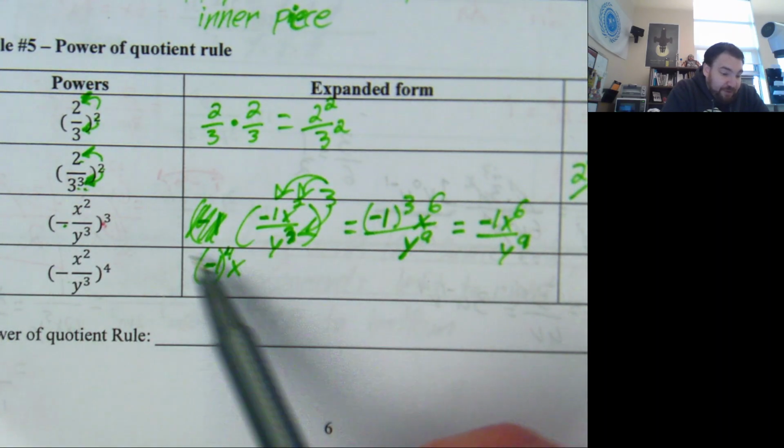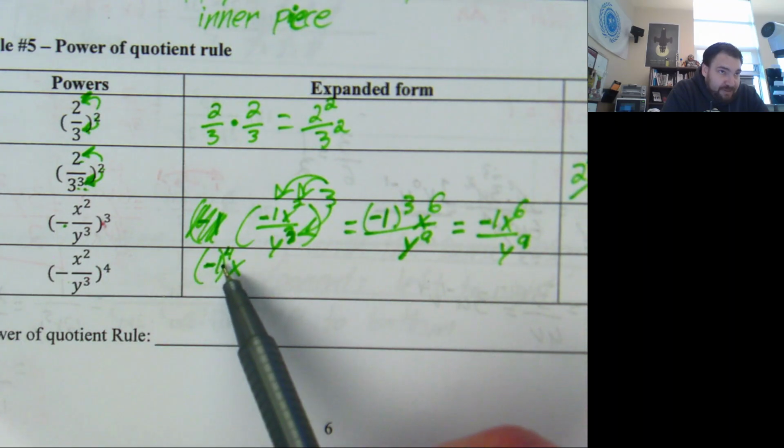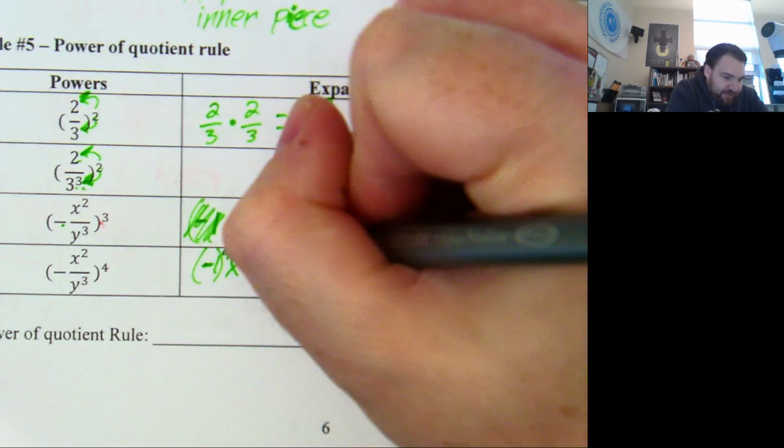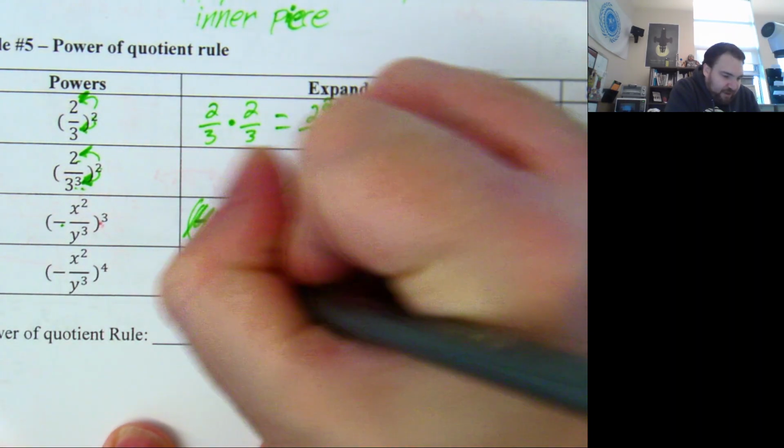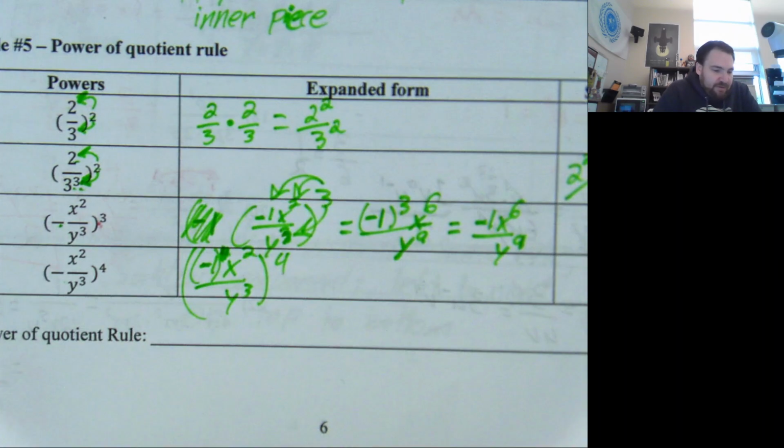Okay, you wanted me to put the 4 on the -1? Is that what you said? Yeah. Okay. So I've got the -1, I've got an x squared over y cubed, and that whole thing is to the power of 4. Good, that is the correct first step. That's what I understood you to say. Is that right?